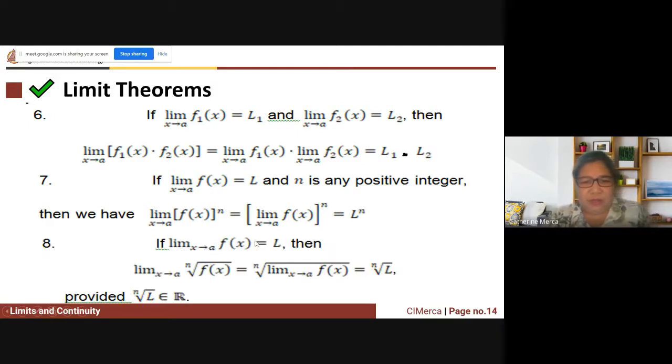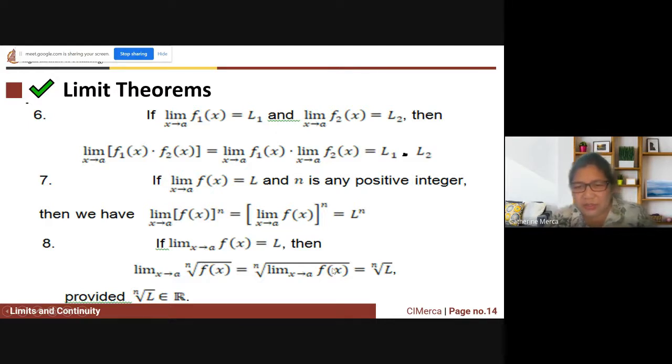The limit of f of x as x approaches a is equal to L. If the limit is equal to L, then if you take the limit of the nth root of f of x, that is equal to the nth root of the limit of f of x as x approaches a. So, pwede na siya, kwaon ang limit daan sa function, then kwaon ang nth root.